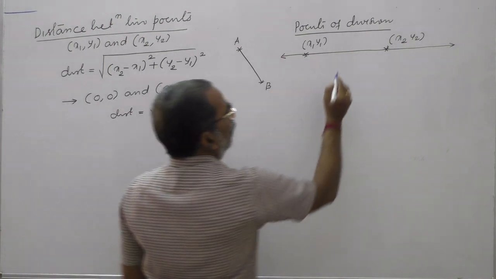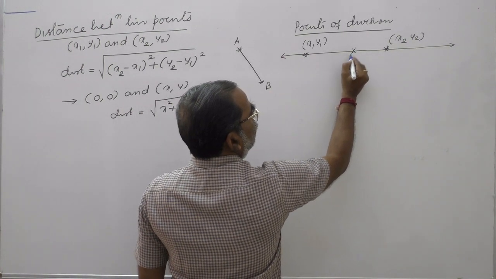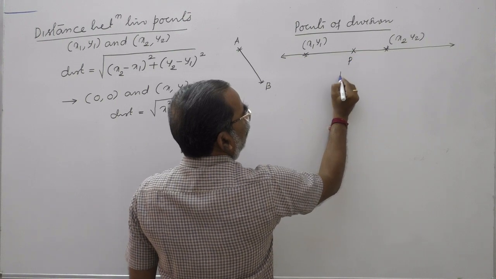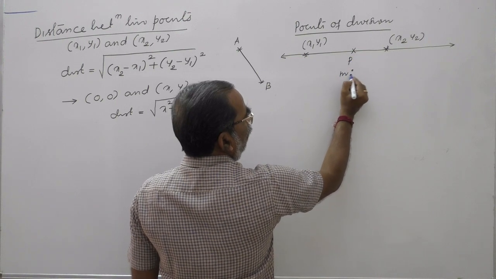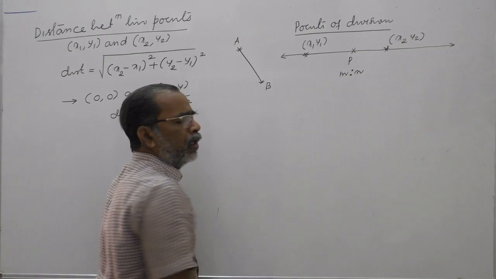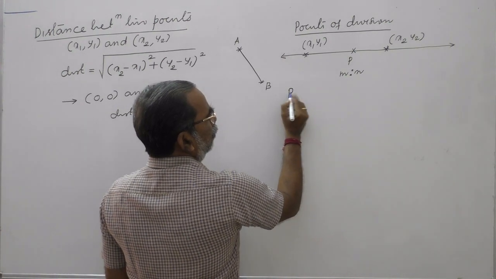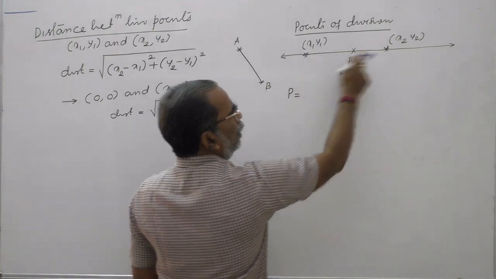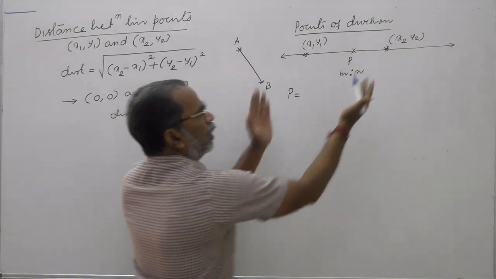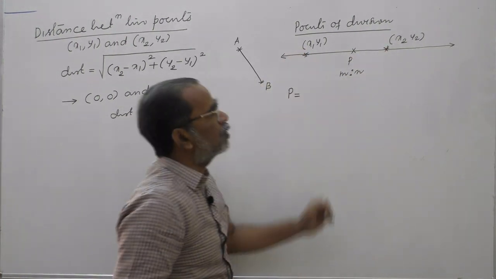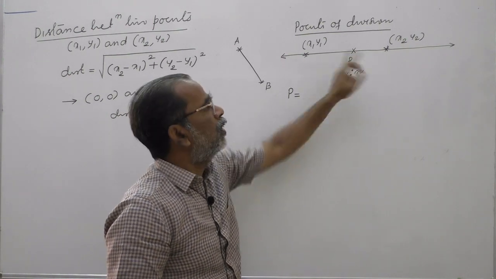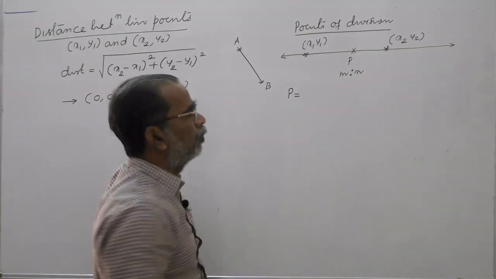So, if a point is dividing this line segment in the ratio m is to n internally, then how to find its coordinates? Internally means the point will be lying between the two given points.